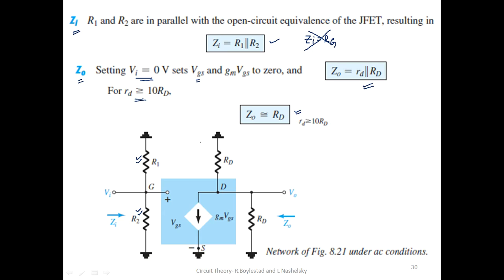But just concentrate on the network now, the AC network or the AC small signal model of a voltage divider configuration. That's the small signal model of a JFET, and when the other terms are added, we get such a configuration.